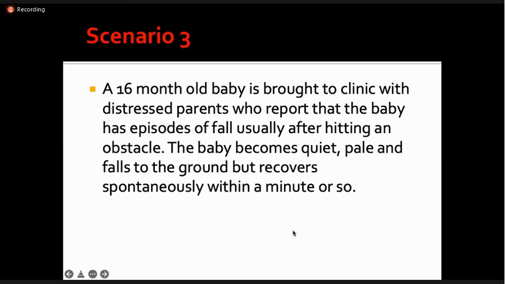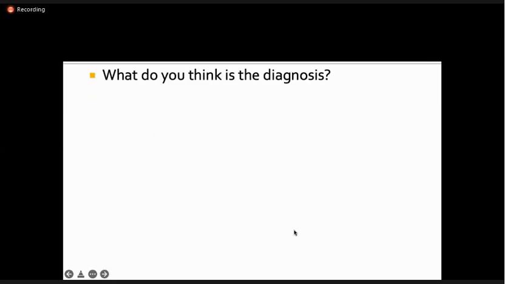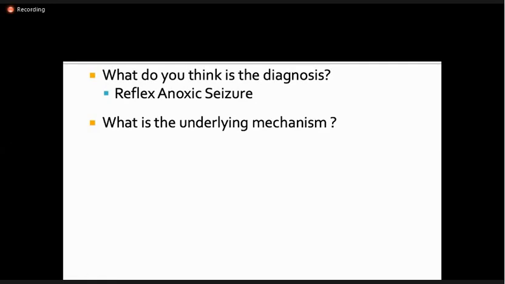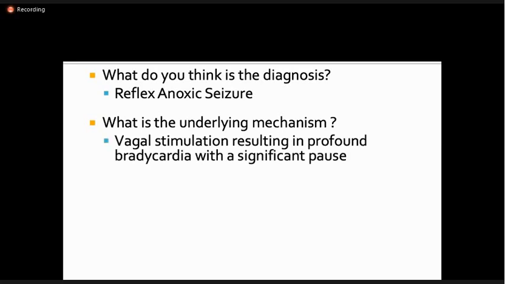So as a long-term therapy, treating the anemia with iron supplementation seems to have a positive effect on the episodes of reflex anoxic seizures. So the underlying mechanism is vagal stimulation. Okay, so you have profound bradycardia, significant pauses. Usually these patients don't need anything doing.